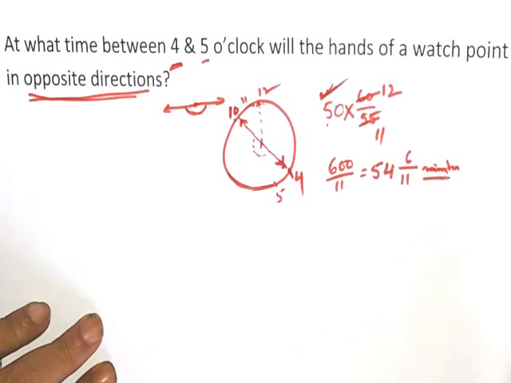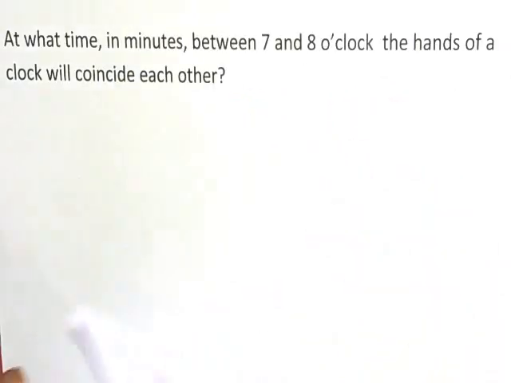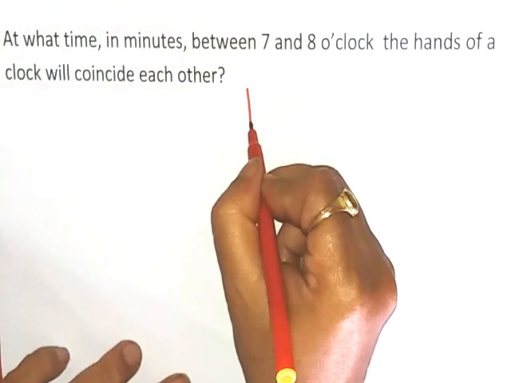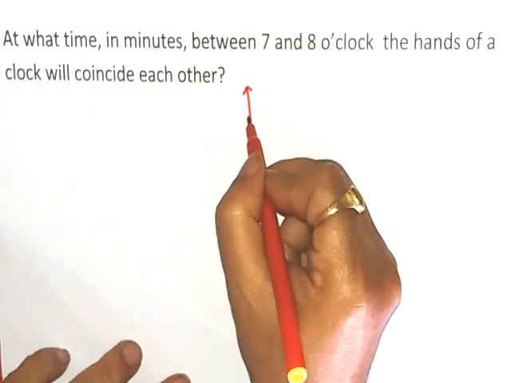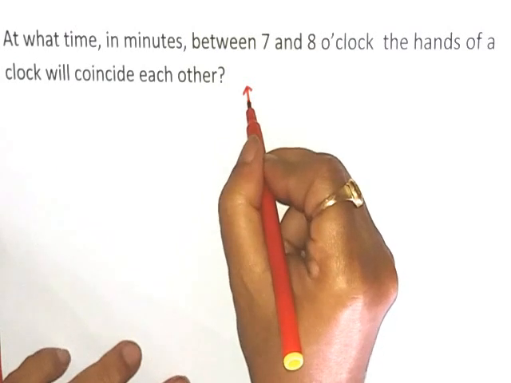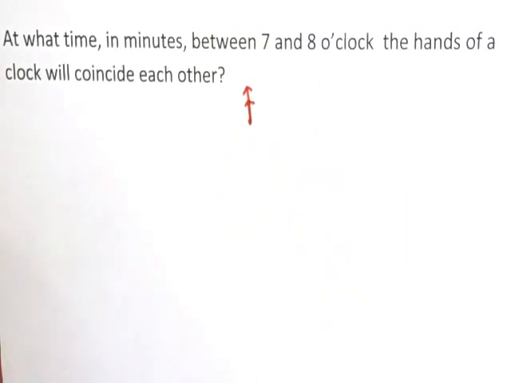Now let us go for another question. At what time in minutes between 7 and 8 o'clock will the hands of the clock coincide with each other? Exactly what do we mean by coincide? Coincide means this is the position. Suppose it's an hour hand, a minute hand, and suppose it's an hour hand. They will be in the same direction, and the angle between them is 0.